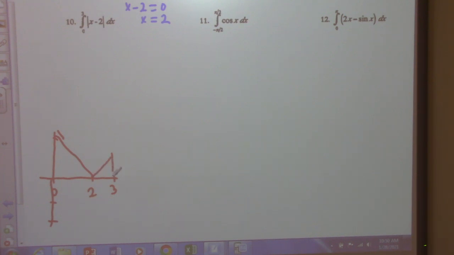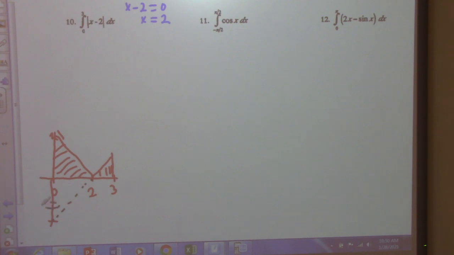And so what areas are you talking about? You're talking about this area plus this area here. Okay. So what you had, the way it looked like originally, without the absolute value, it looked like this.